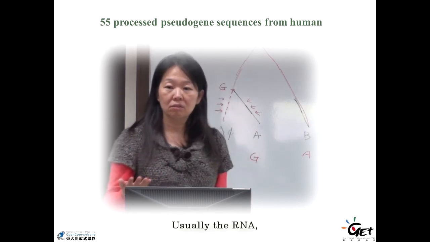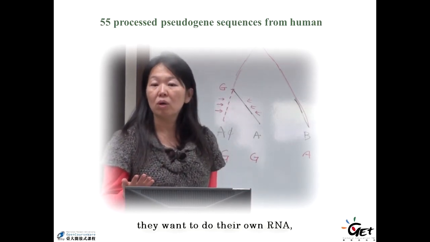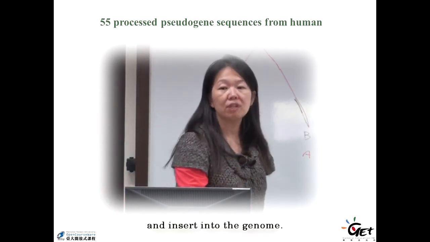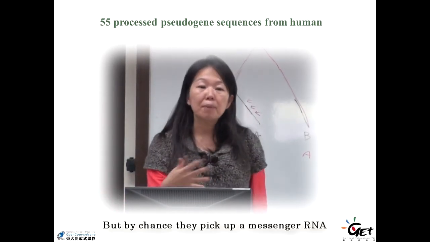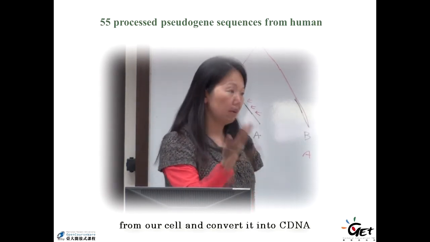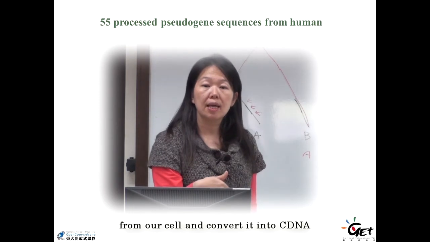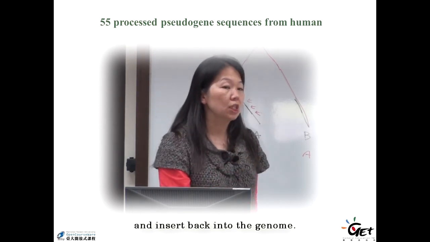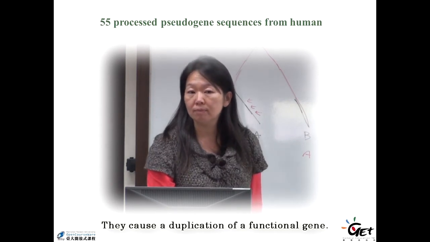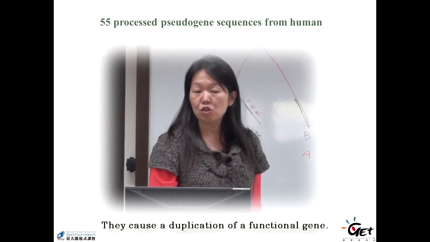Actually, the retrovirus wants to take its own RNA, put it into DNA and insert it into the genome, but by chance they pick up a messenger RNA from our cell and convert it into cDNA and insert it back into the genome. They cause a duplication of a functional gene.